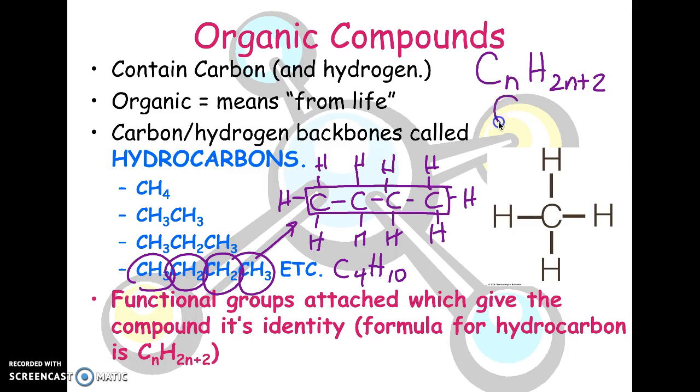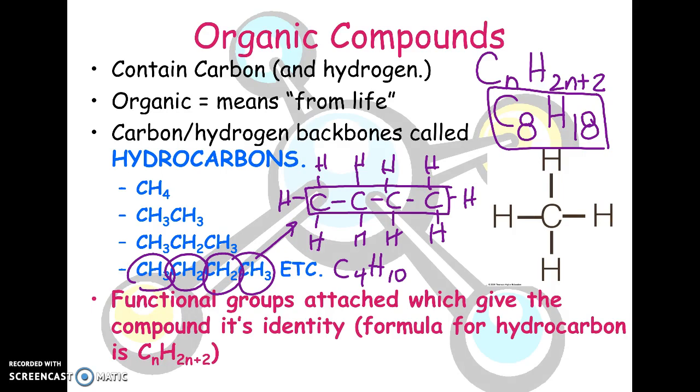So, for example, octane, which is what's found in gasoline, would be C8. How many H's? 2n+2. So 8 times 2 is 16, plus 2, 18. So that would be the formula for octane. Again, you will not have to draw a chain, and you won't have to tell me the formula for a carbon chain.